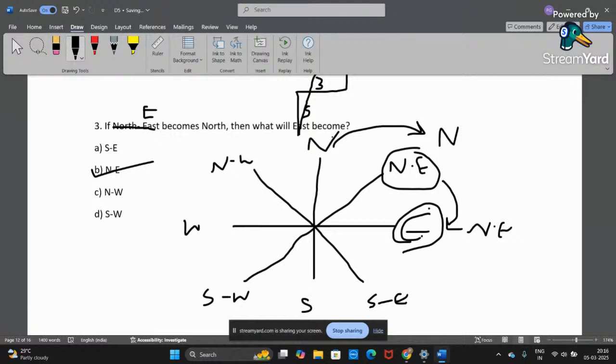What is the answer? If east becomes north, that means this is your east, this is your north, this is your south, this is your west. If east becomes north, that means it is changing to north. Right.